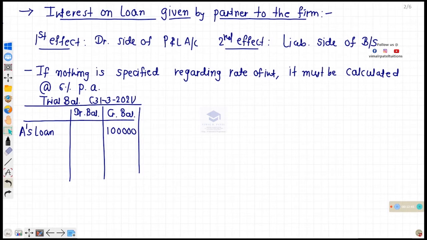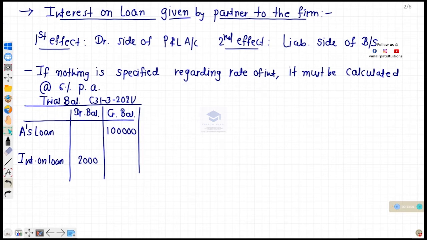Now suppose in trial balance interest on loan is given 2,000.